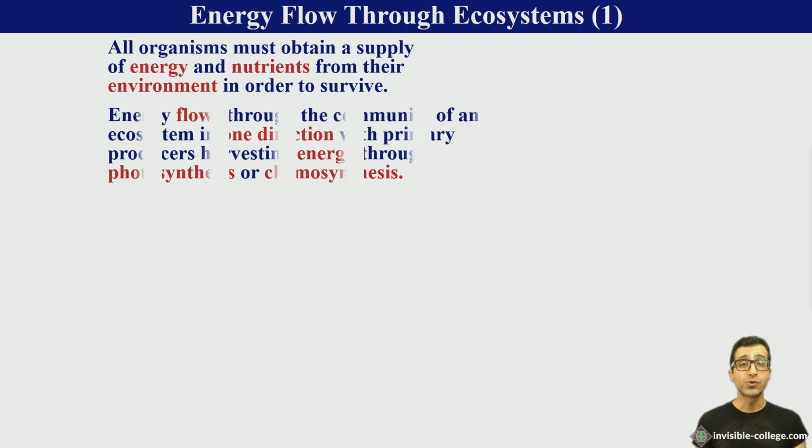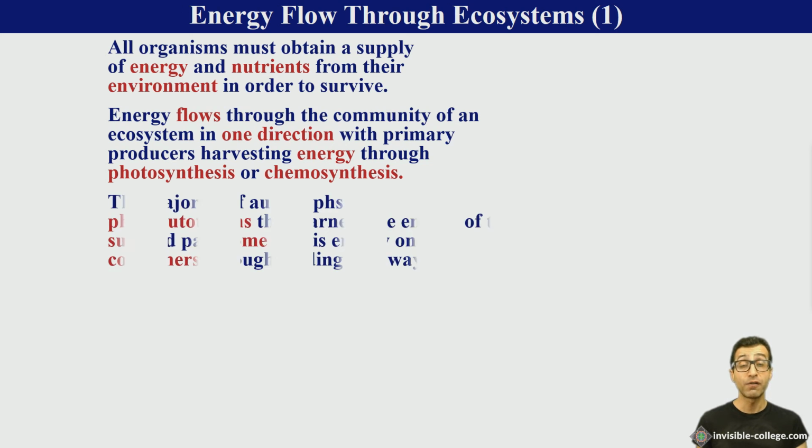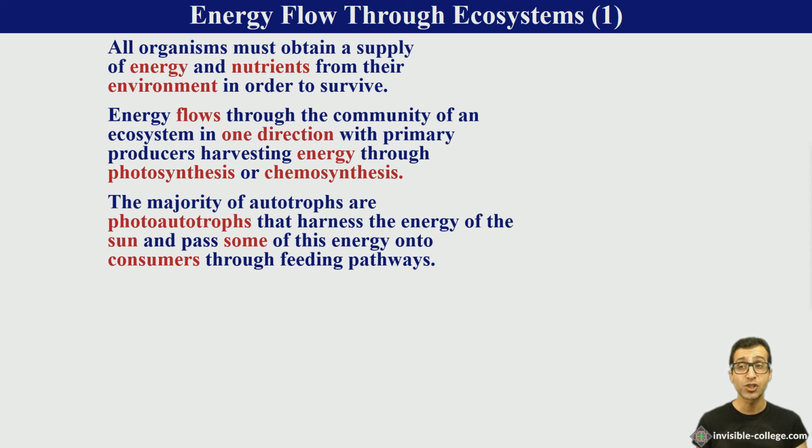Energy flows through the community of an ecosystem in one direction generally, with primary producers harvesting energy through either photosynthesis or chemosynthesis. Now the majority of autotrophs, self-feeders, are photoautotrophs that harness the energy of the sun and pass some of that energy to consumers through feeding pathways.